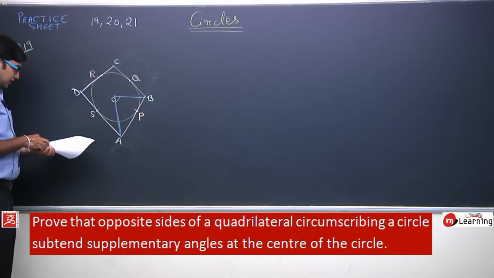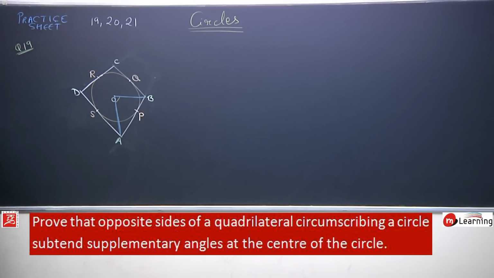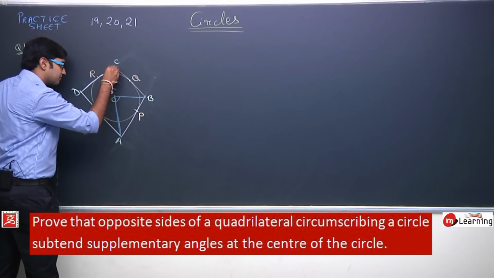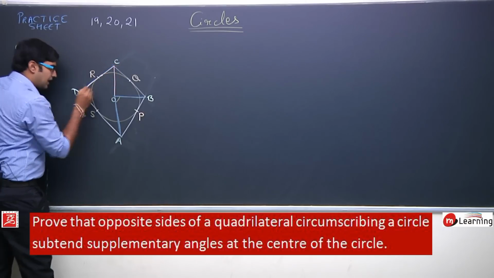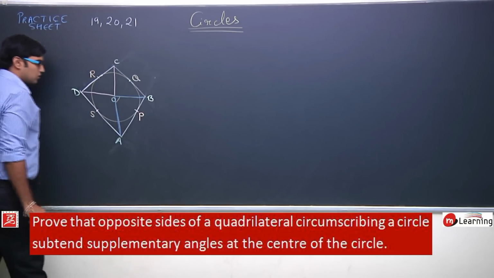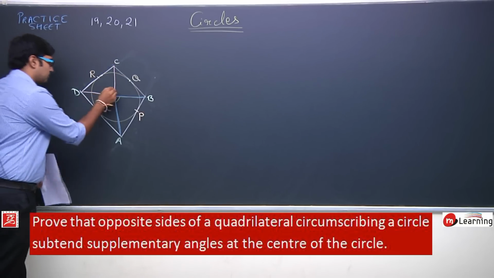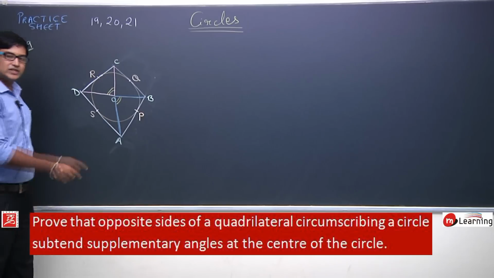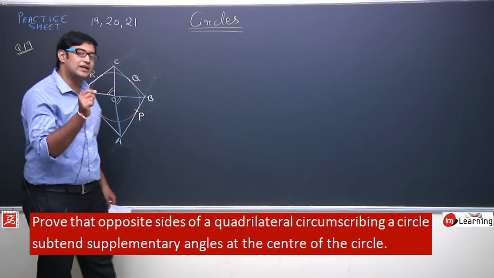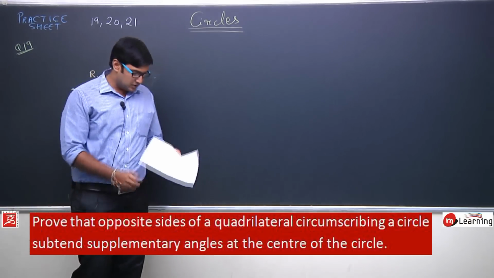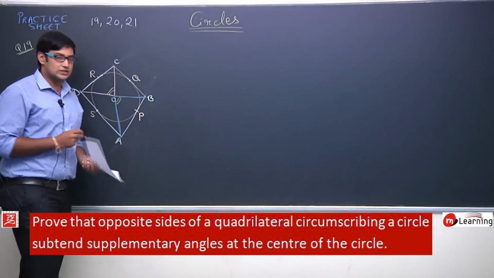Similarly, by joining this point O with C and with D, you are going to have this angle. So we need to prove that the sum of these two angles is equal to 180 degrees, that is, these two angles are supplementary. Okay, so let us try to prove this.